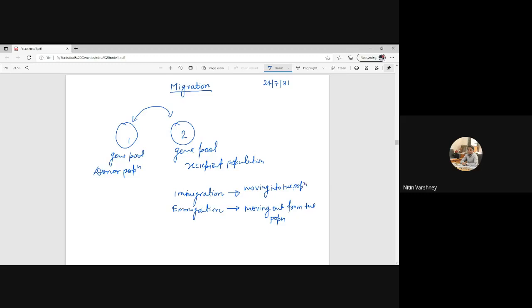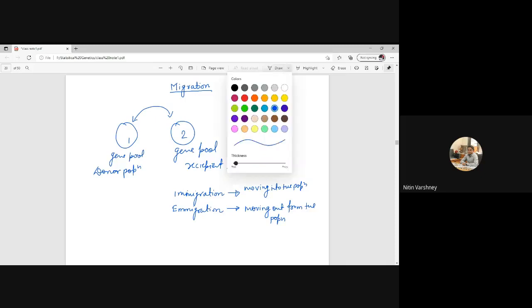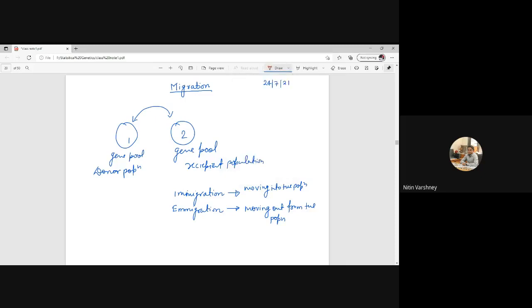If some genes are transferred from one gene pool to another gene pool, this is moving out from gene pool 1.